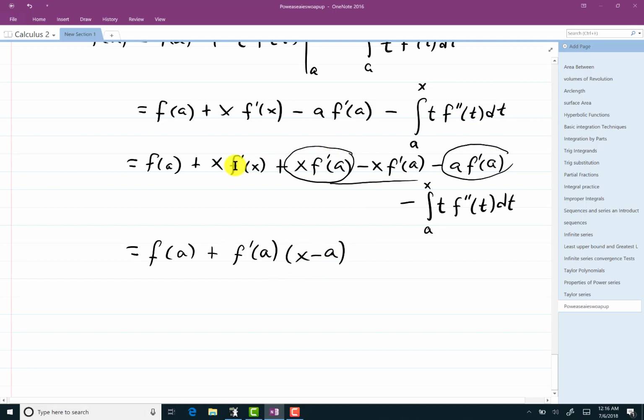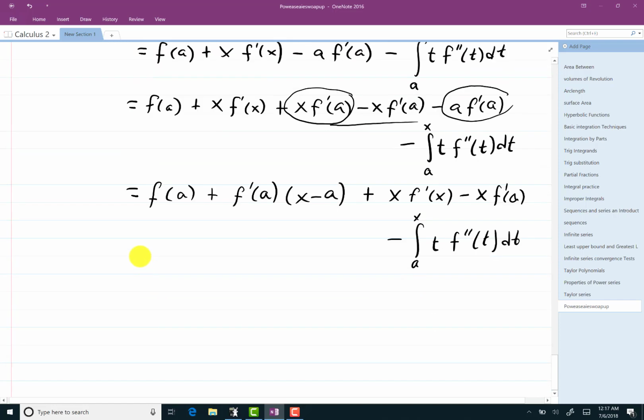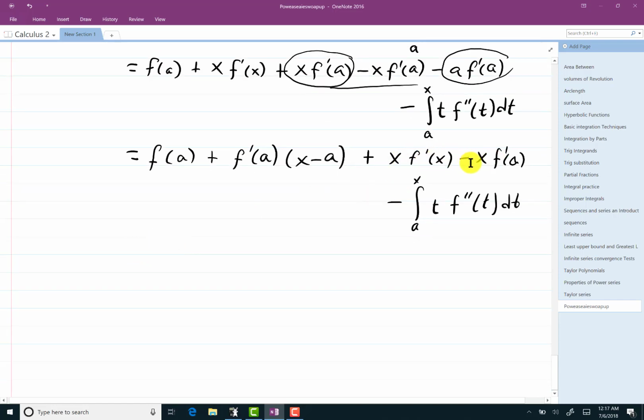Now this piece and this piece, let me move it over. And then minus the integral. And what I'm going to do is this part right here, I'm going to factor out an x.